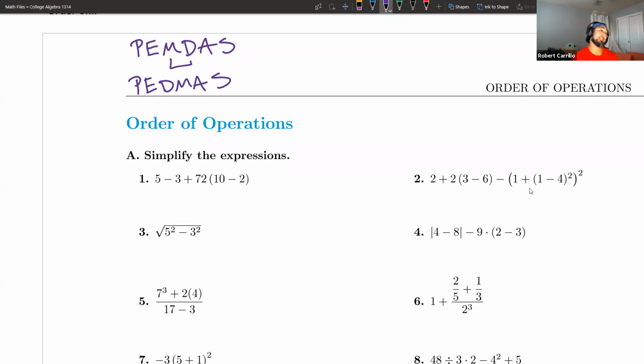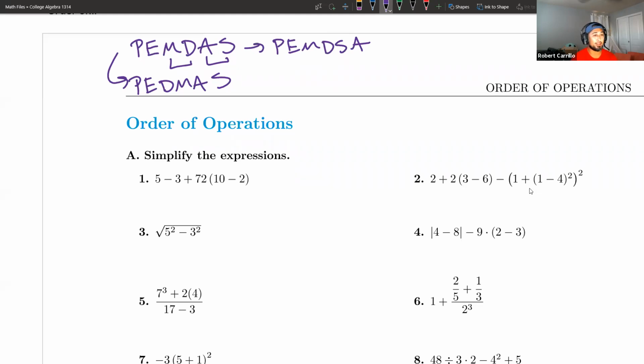The same thing works for addition and subtraction. So it was you do addition first and then you do subtraction, but if subtraction comes first, then those two are also interchangeable. So that means that you can also have PEMSA.